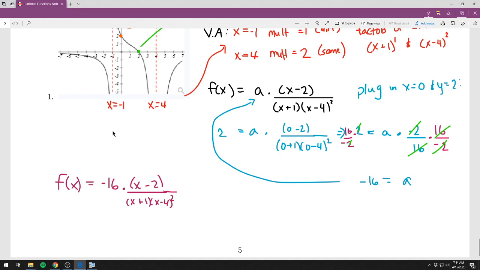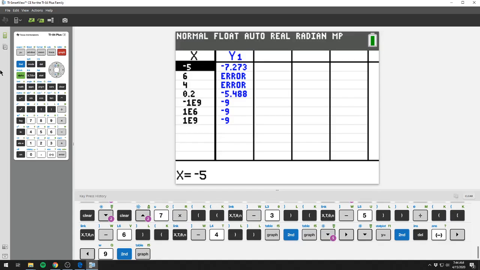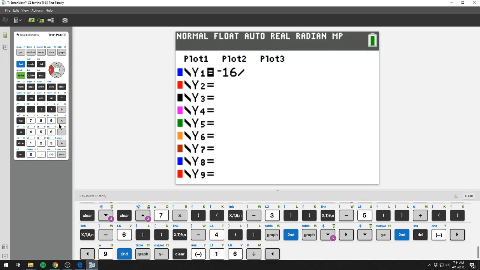All right, and if you want to, you can graph this. Now this is the last question, but I'm going to go ahead and graph this, and you can see that we'll have the same y-intercept, we'll have the same vertical asymptotes, it'll look exactly the same. So we got negative 16 times, oops, it's not a times symbol.